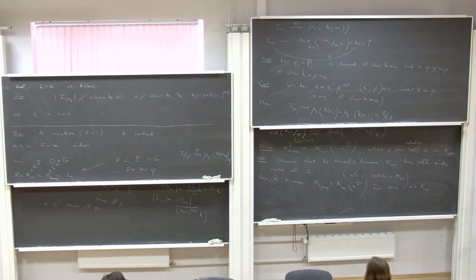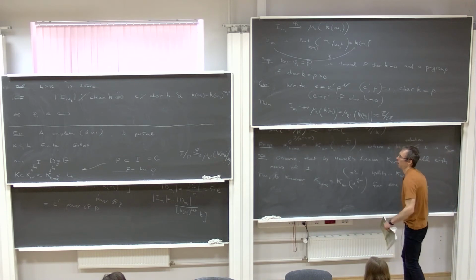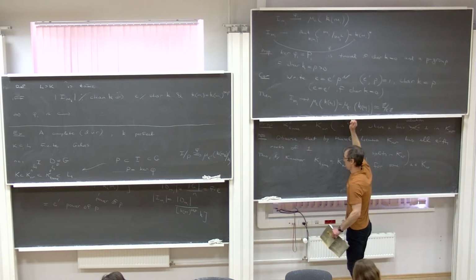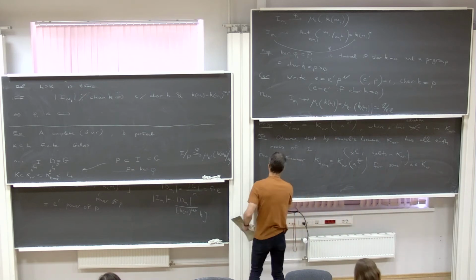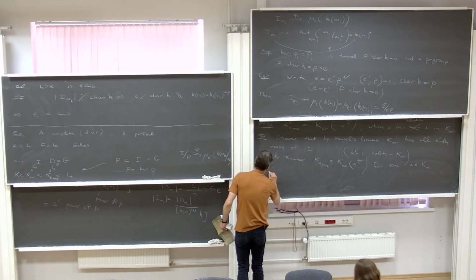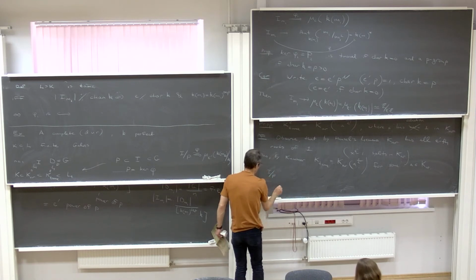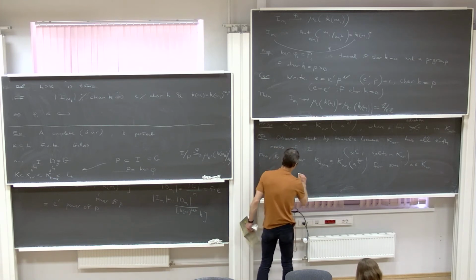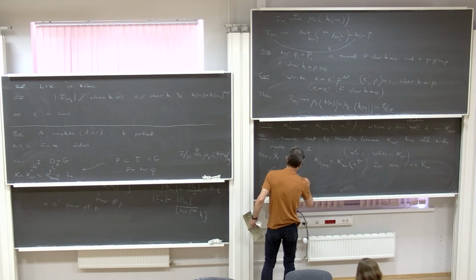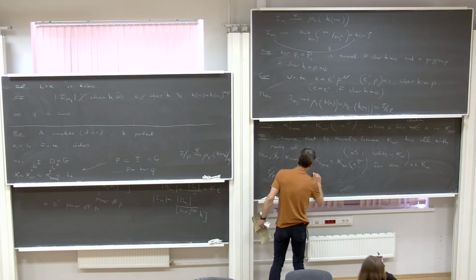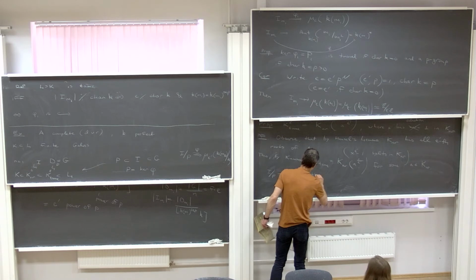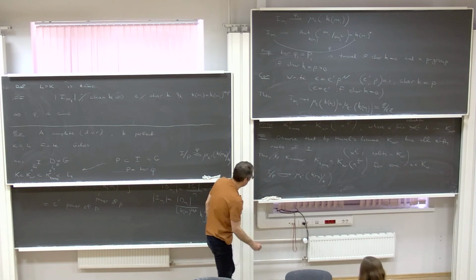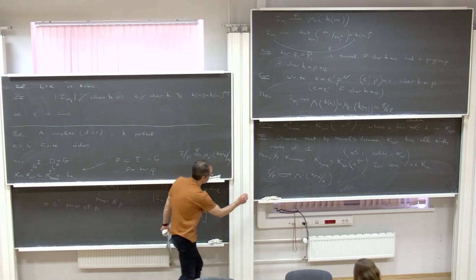And in order to do this, let's look at our homomorphism phi, which is an isomorphism between this group and the group of roots of unity in K tame over K. So we have this homomorphism, this is phi.